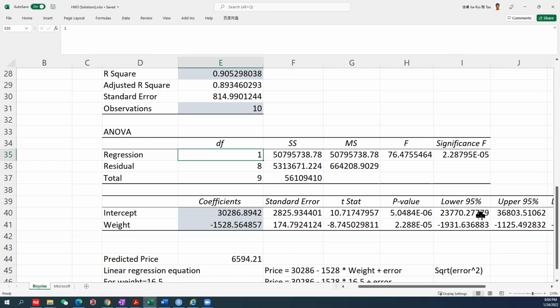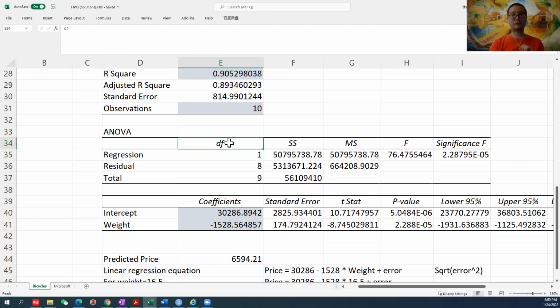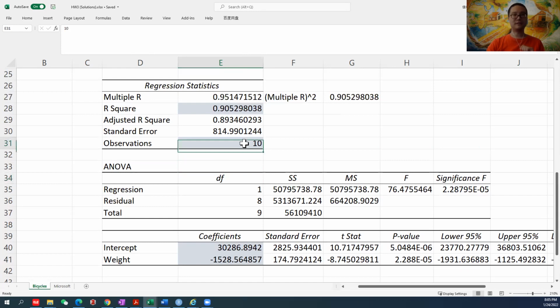But we can also have a preview here. The DF here is degree of freedom. Based on this, we can also know the observations. So the regression here represents the number of predictors we have because we only have the weight.